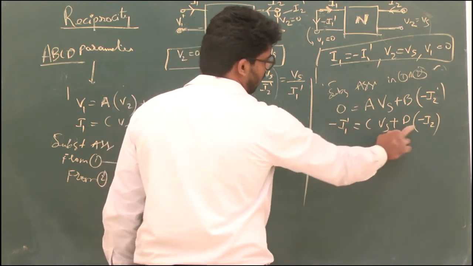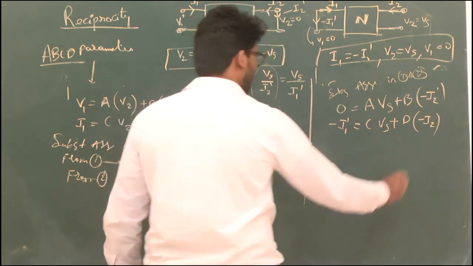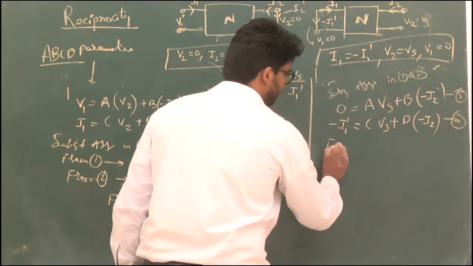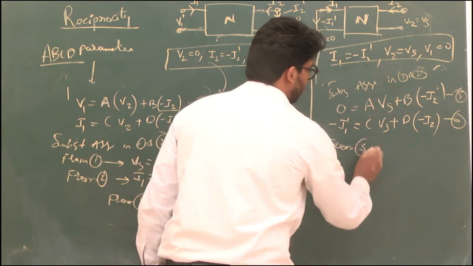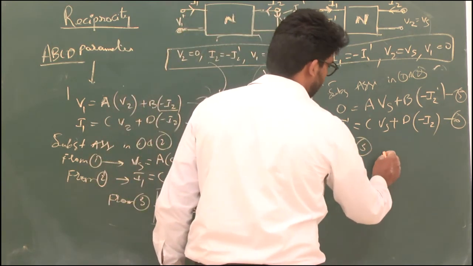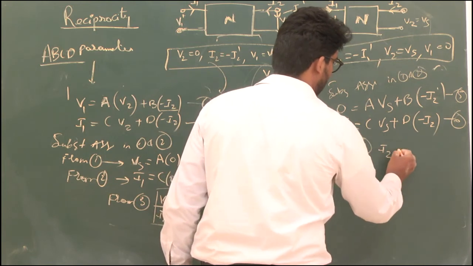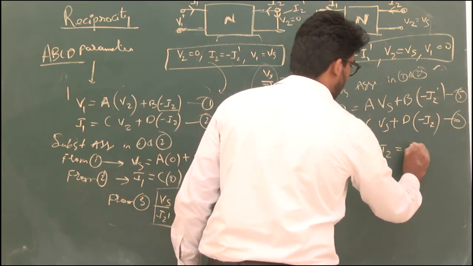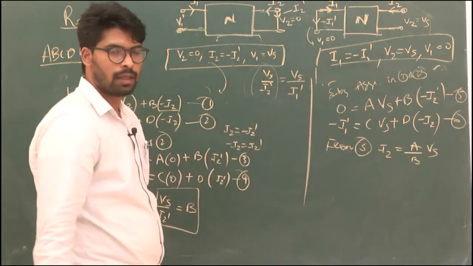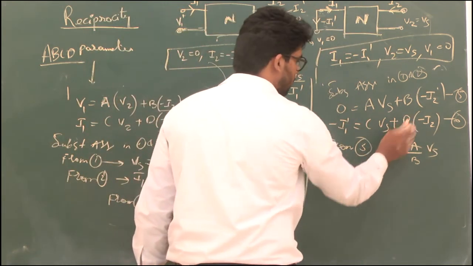For this we have to eliminate I2, therefore I take from 5 and 6. From 5 we will extract I2 as I2 equal to A by B Vs. Now substitute this I2 in equation 6.